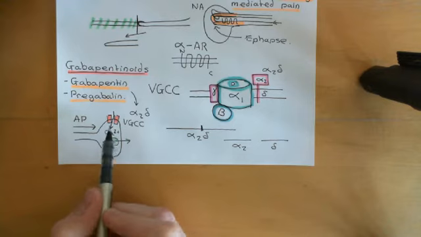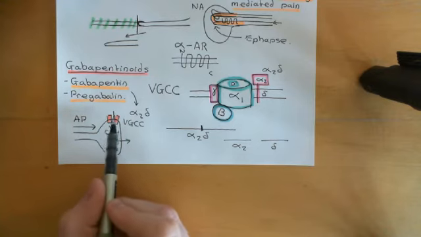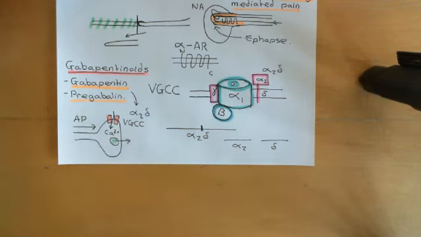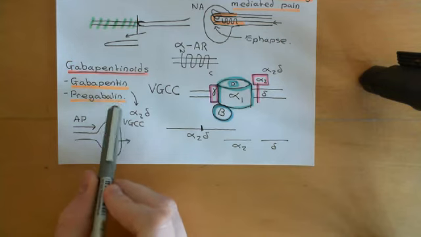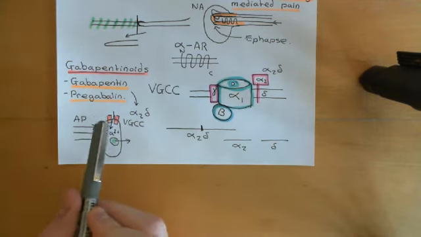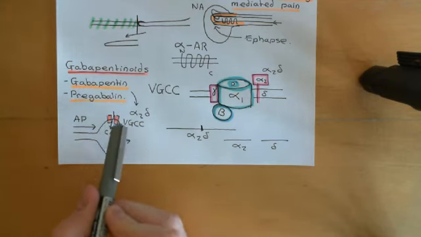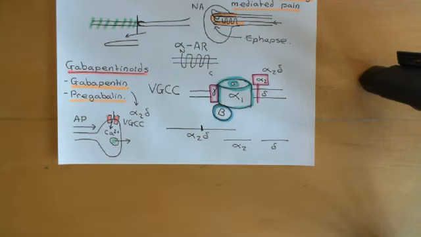Okay, so because of the fact that these are upregulated in neuropathic pain, these drugs are supposed to be specifically effective against these neurons that have been damaged and which have upregulated the expression of voltage-gated calcium channels in their axon terminals. Okay, it's important to state that you're not going to give these drugs in high enough concentrations such that they completely stop all voltage-gated calcium channels being in the axon terminals in all neurons.